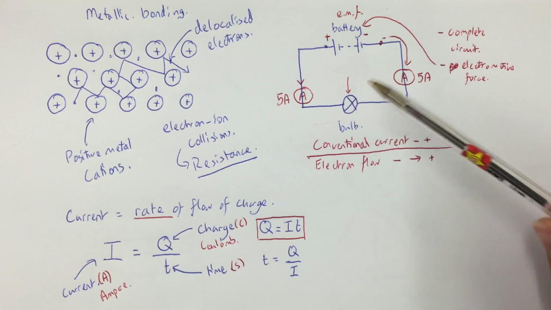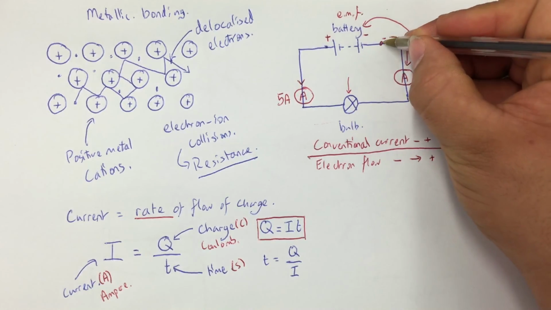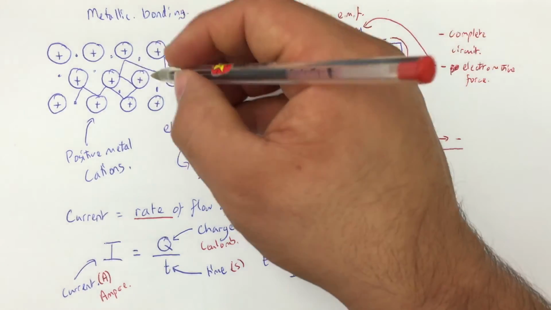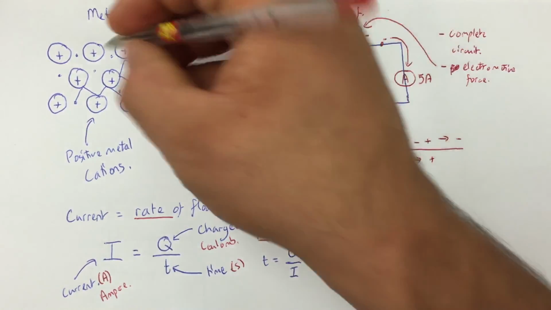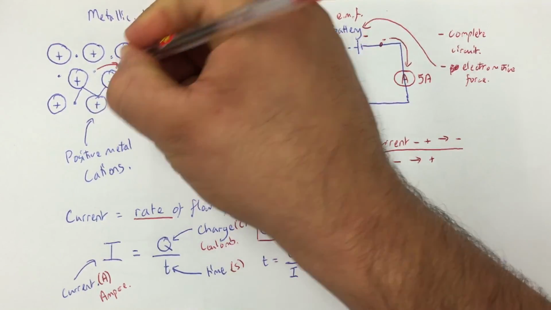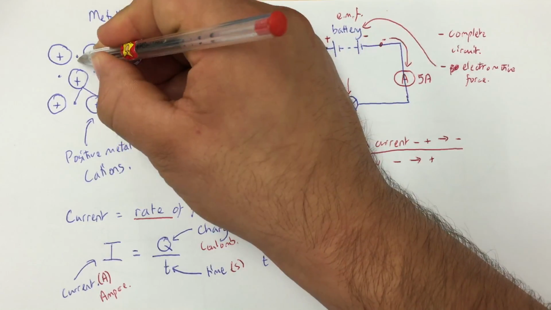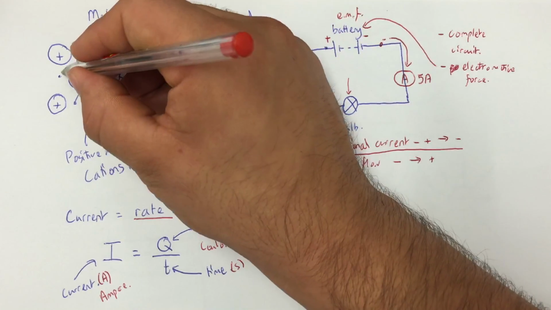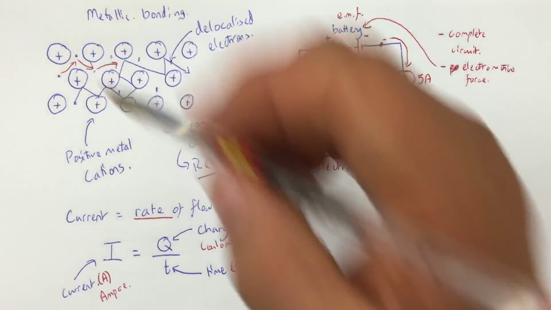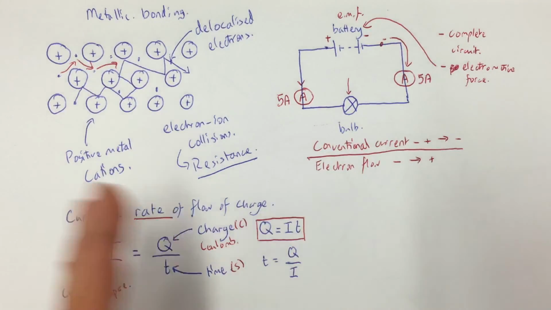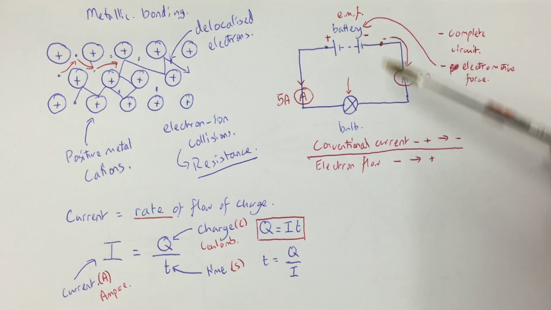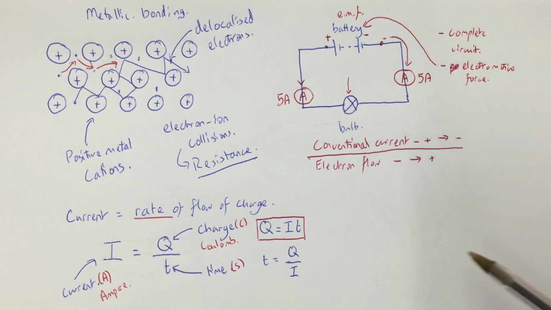The reason for that is that if the electrons at this point move, all of the electrons move. If I was to move this electron here along the wire, it would create a space which this electron would simultaneously move into, and this electron would simultaneously move into. So all the electrons move in one go around the circuit. So there's no delay between the battery being switched on and the bulb.